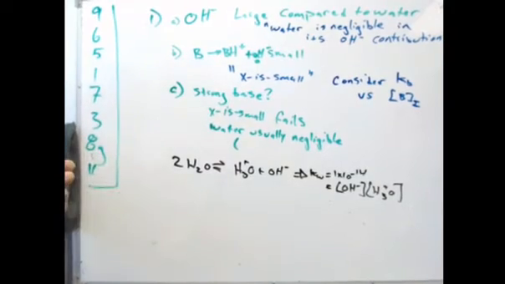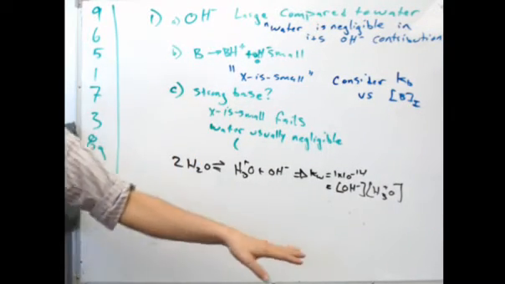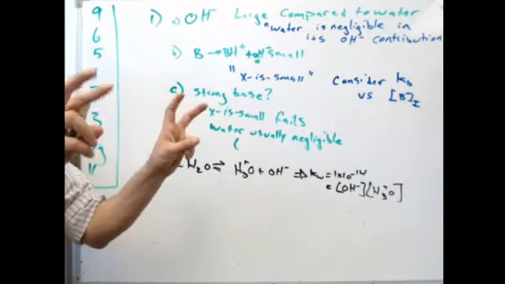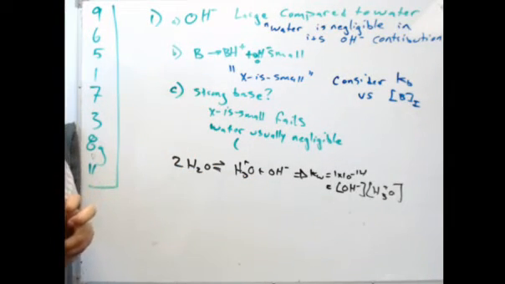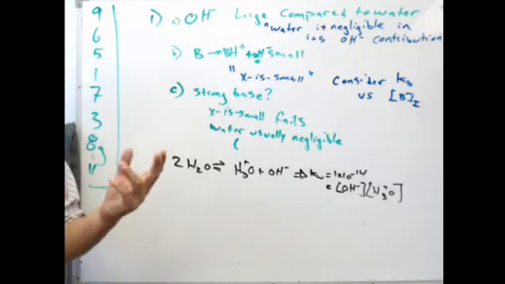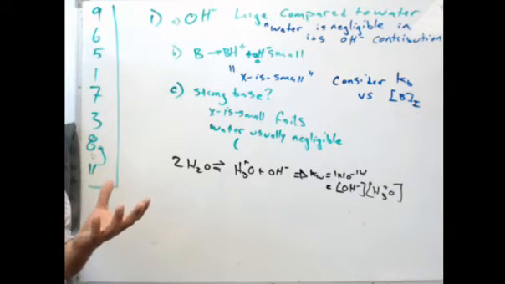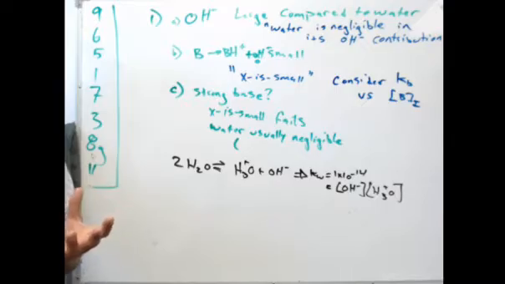Without doing the calculation, what's the pH of perfect neutral water? 7. If we know the pH, what's the pOH of perfect neutral water? 7. What's the concentration of OH minus in perfect neutral water? 10 to the negative 7.